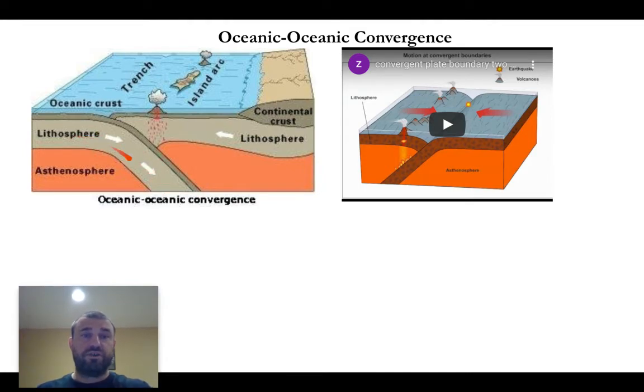So you still have subduction, you still have a trench, and you still have volcanoes, but this time they're volcanic islands. And you see this all along the Asian Pacific coast. Japan, Philippines, Indonesia, New Zealand. These are all volcanic island arcs. Right? Not Hawaii. We're going to learn about Hawaii last.